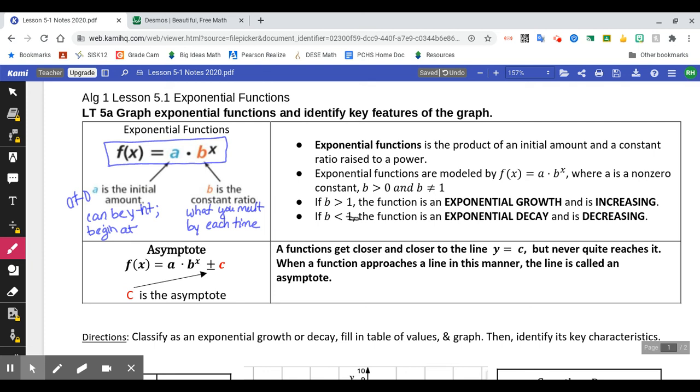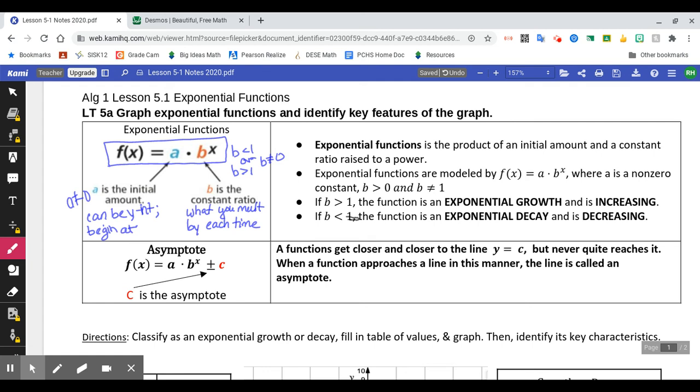Okay, so B can be less than 1 or B can be greater than 1, but it cannot be 0. Less than 1 means that it's a decimal or a fraction, right? And greater than 1 means it'd be something over 1, but no negative amounts, okay?